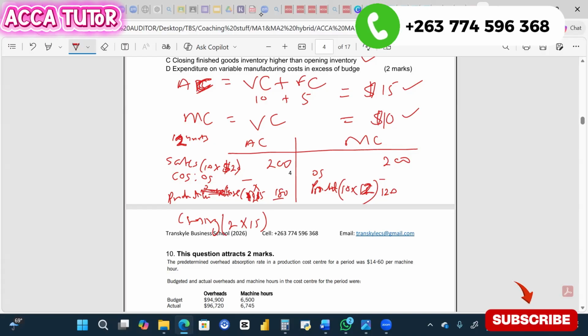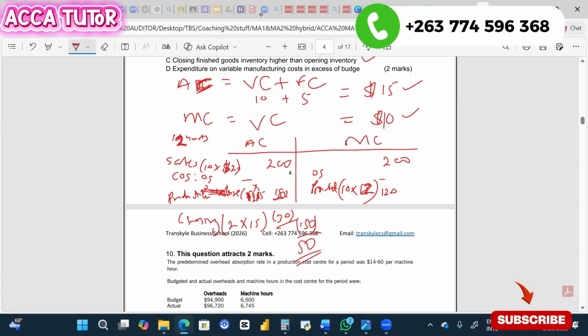Okay, so that should be 30. So 180 minus 30, that should be 150. And 150 minus 200, we obtained 50.